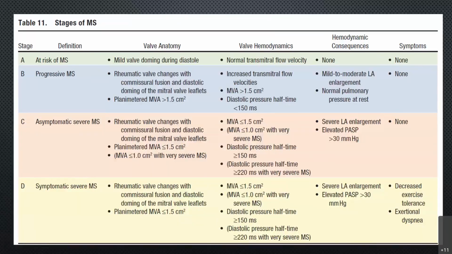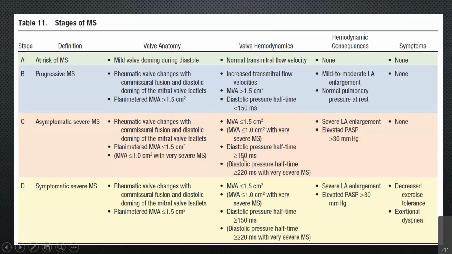Okay, so this is from the 2014 valve guidelines, and for all the valves we are going towards at-risk, progressive, and then severe, whether symptomatic or asymptomatic. And I think it's good to go through the slide, especially when it becomes severe. So if the mitral valve area is less than 1.5, it is severe, and less than 1, very severe.